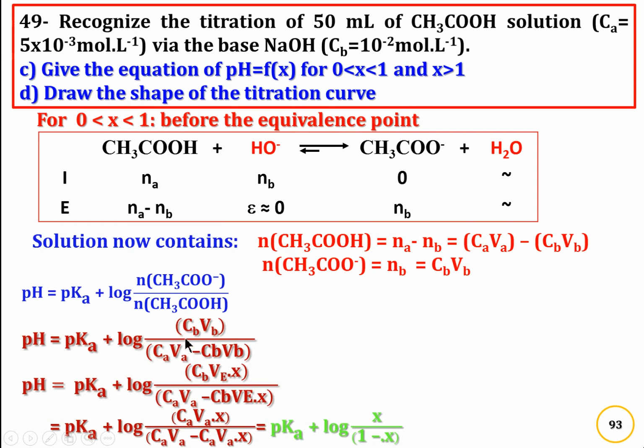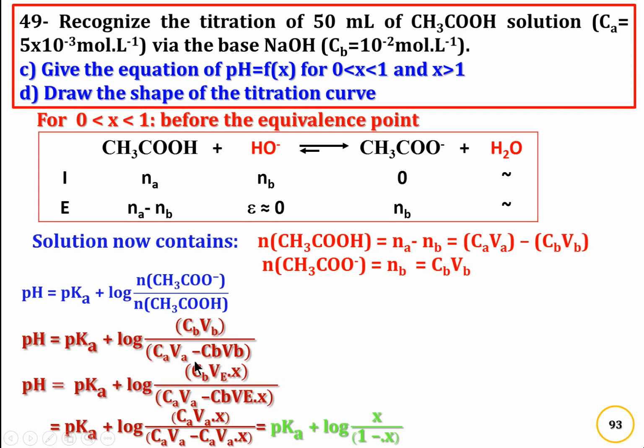Now we have to transform pH as a function of x, so we have to introduce the notation of x. We know that x is equal to the volume added divided by the volume at equivalence. So Vb equal Ve times x, since x equal Vb divided by Ve. So pH equal pKa plus log CbVe times x divided by CaVa minus Cb times Ve times x.